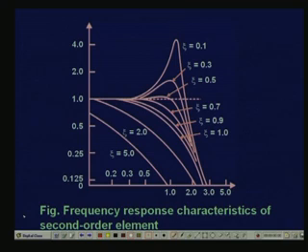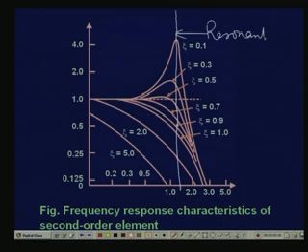You see that the gain actually changes with frequency, and for underdamped systems the system tends to resonate. So, this is the resonant frequency. If you give a sinusoid close to the resonant frequency, then you get a huge output. On the other hand, for an overdamped system there is no such resonance.